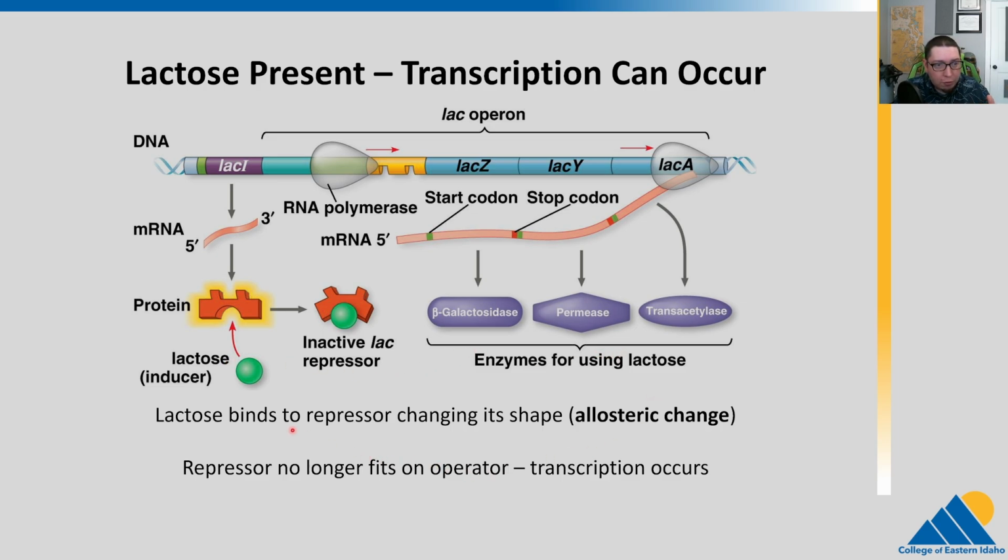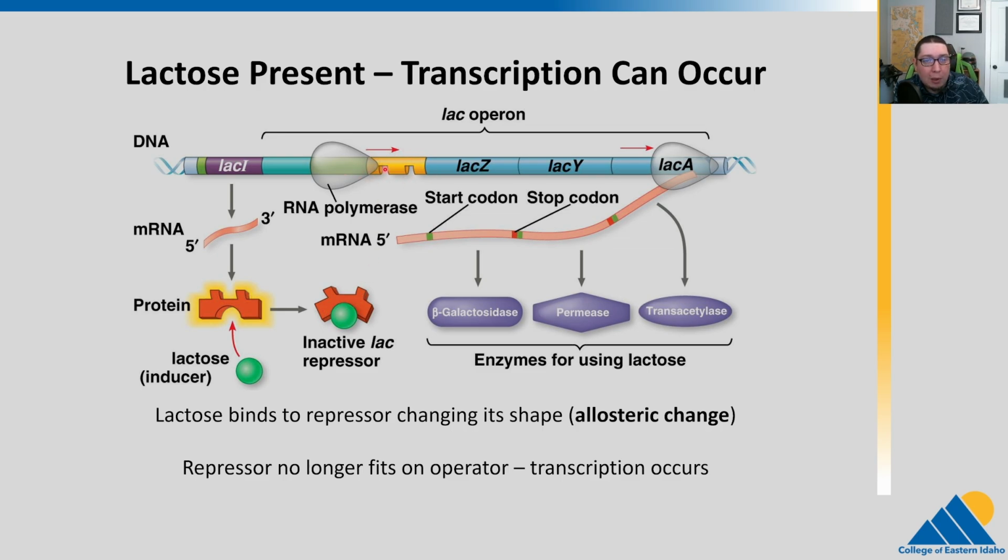Okay, so let's look at what happens when lactose is present. Well, lactose comes in and binds to this repressor molecule. We would call lactose an inducer because it induces a shape change in this. We call this an allosteric change. Remember back to when we talked about enzymes, allosteric sites. It binds to the repressor protein and changes its shape. It no longer fits on the operator.